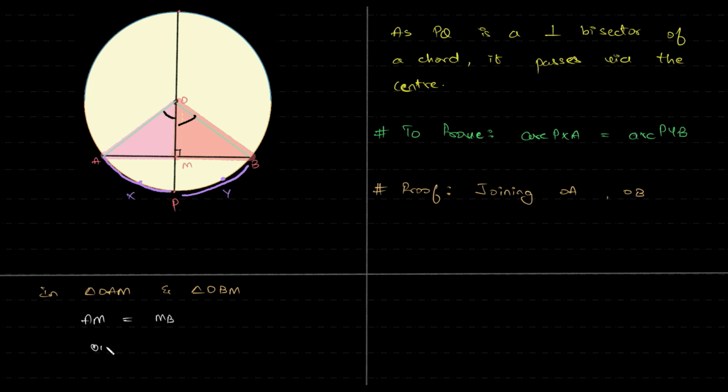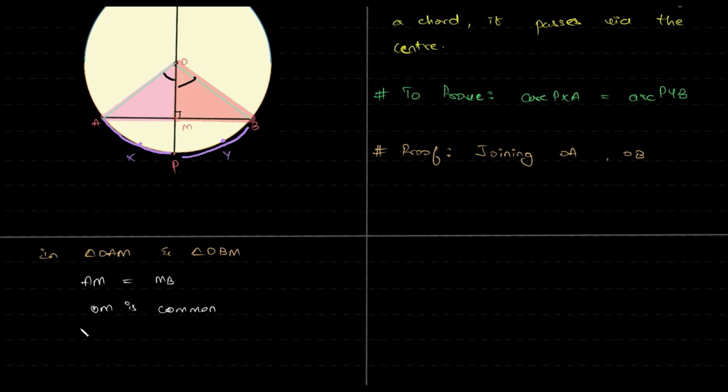Then we have OM is common. I'm sure you guys will be able to tell that. And also angle, which angle? Angle OMA is equal to angle OMB. We have both equal to 90 degrees as PQ is perpendicular to AB. Okay, guys. So this is all given and this is common.